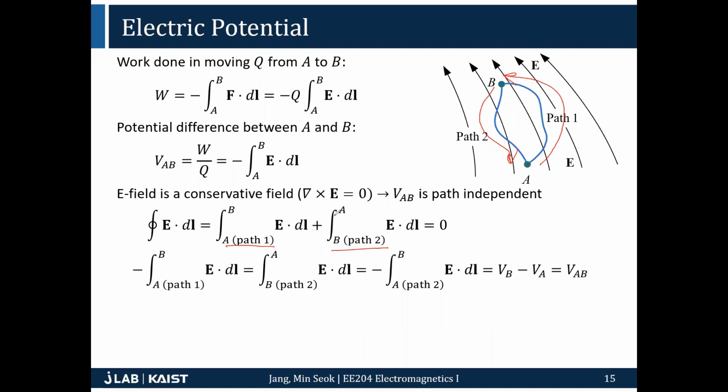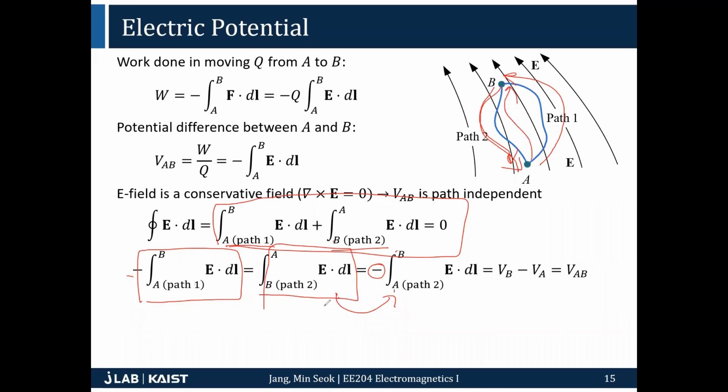If you rearrange this equation, it is minus the integral from A to B along path 1 and B to A along path 2. The integration from B to A is actually minus the integration from A to B along path 2. So that's applied here.